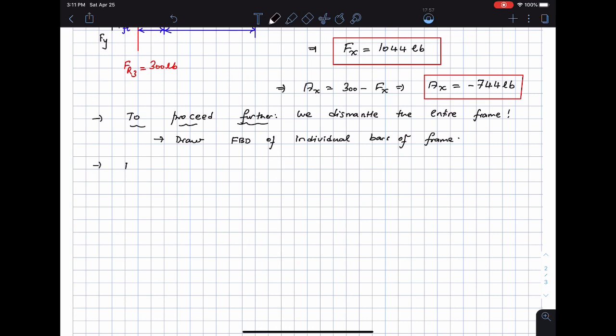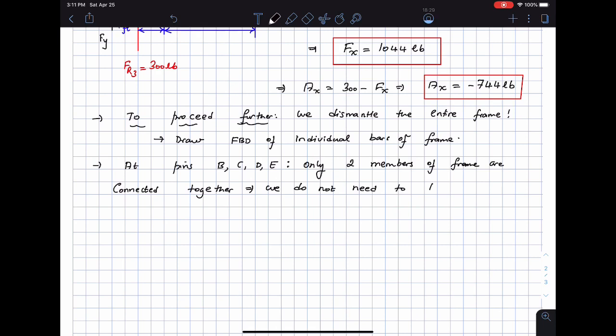Notice that at pins B, C, D, and E, only two members of the frame are connected together, which means that we do not need to draw a pin diagram at these 4 pins.